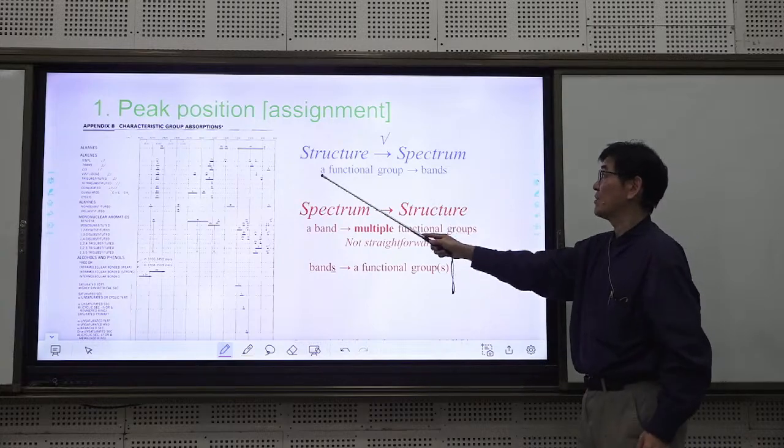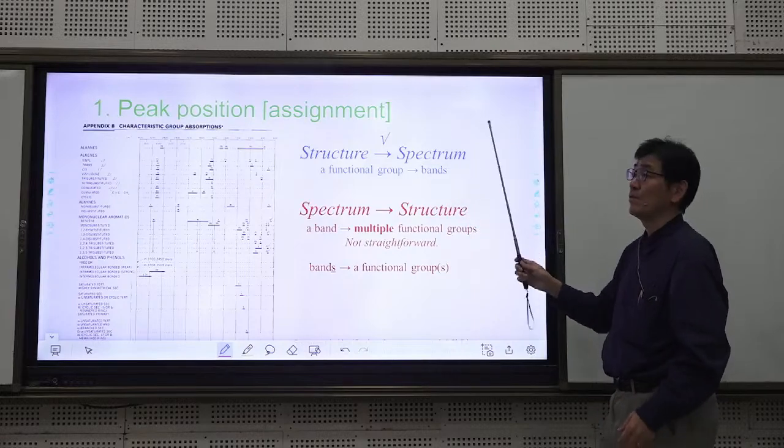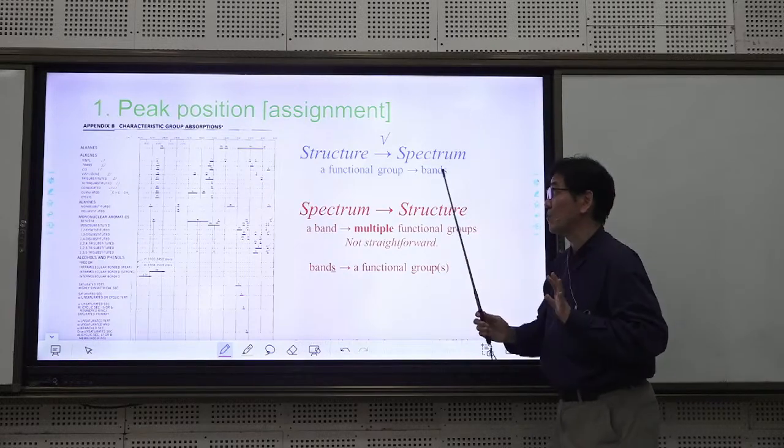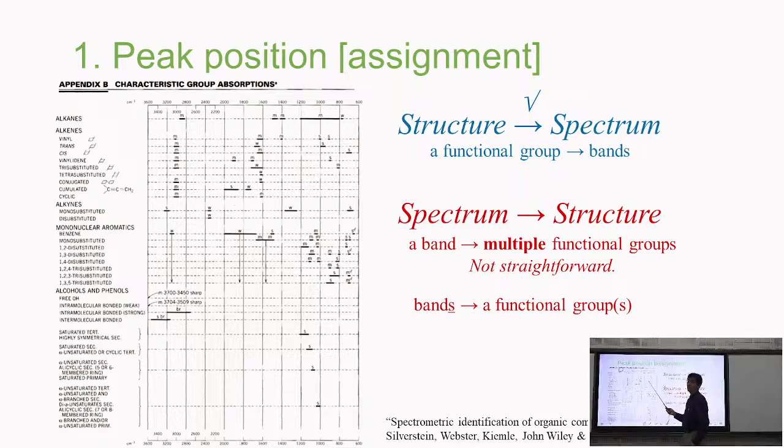So, how many functional groups are there? Then we can estimate at which position the band should appear. This is from a textbook, and already we know at which wavenumber position which molecule should give bands. So if we know the structure, we can find the corresponding peaks.